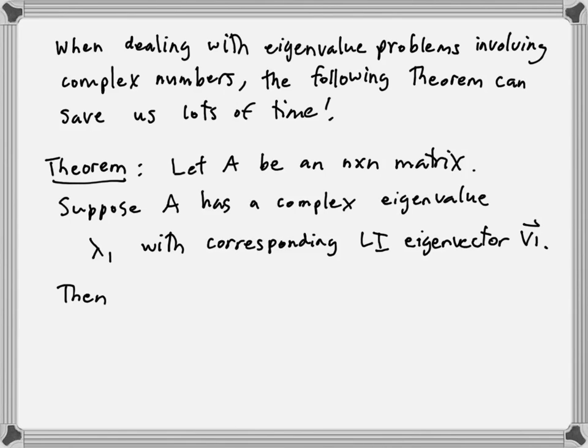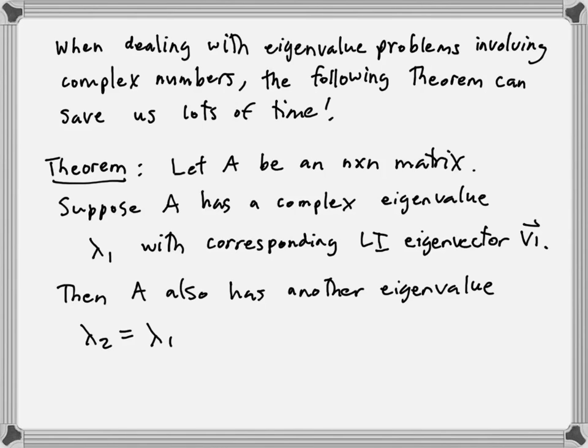then A also has another eigenvalue, lambda 2, which is going to be lambda 1 bar. And not only do we know automatically another eigenvalue, this guy has corresponding eigenvector.